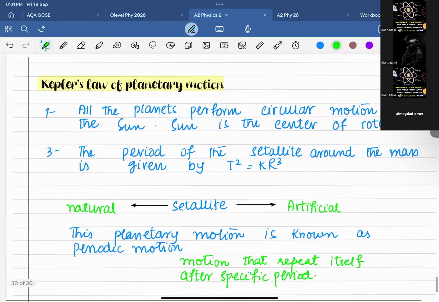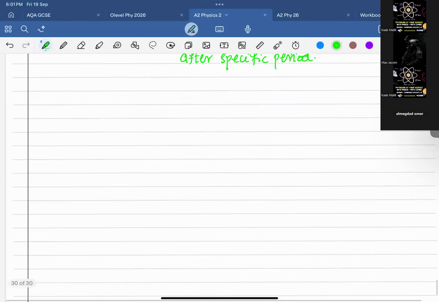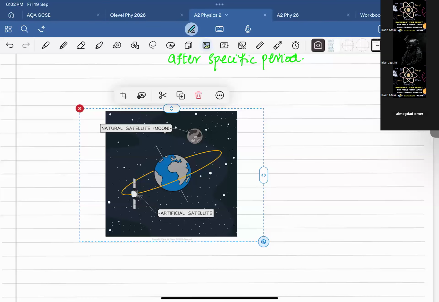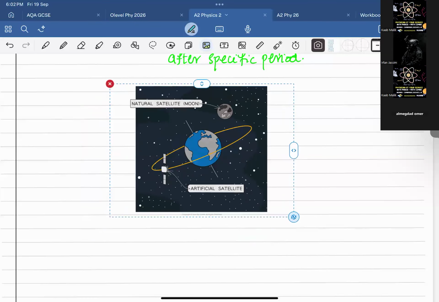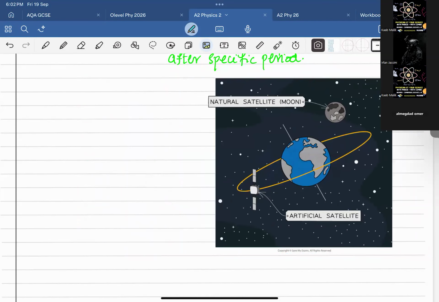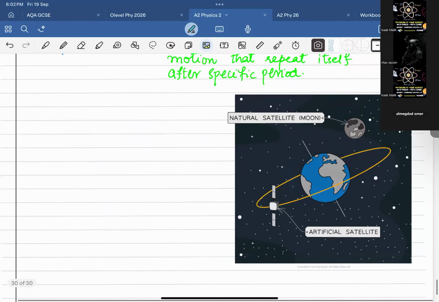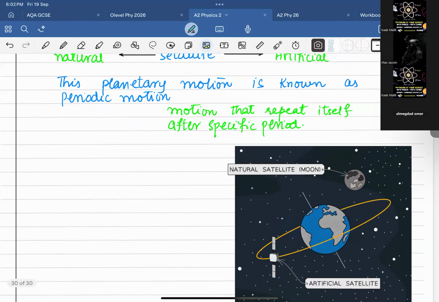Now if we try to understand planetary motion, this is the concept that we have, where I have the natural satellite and the artificial satellite, and both are orbiting the Earth at a specific height, right?